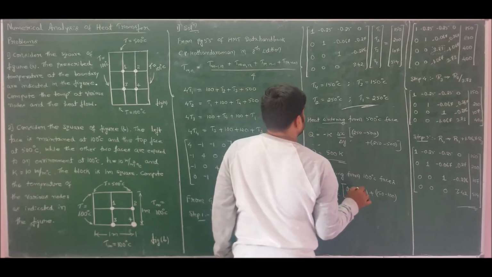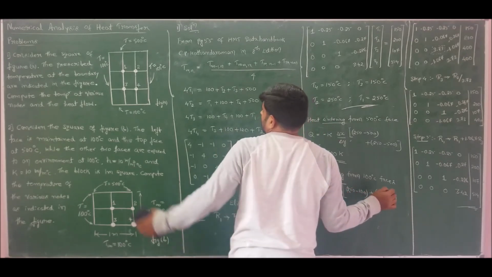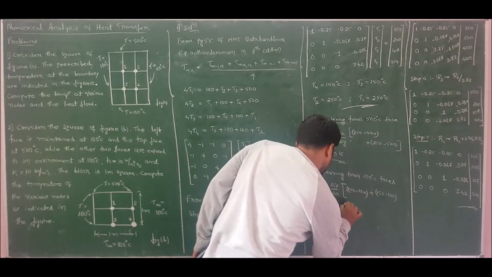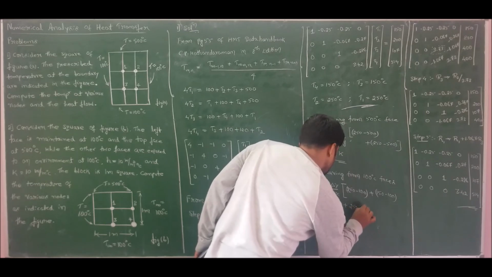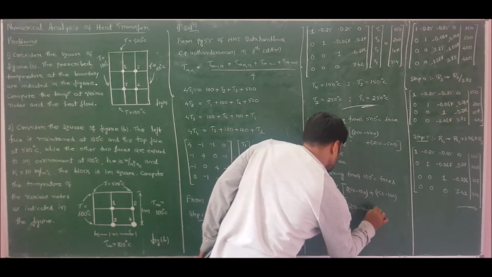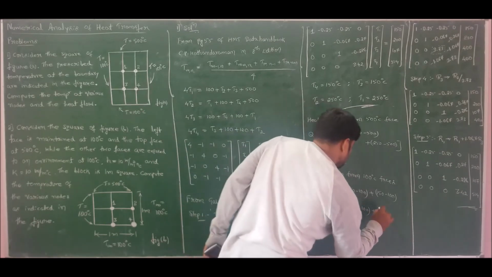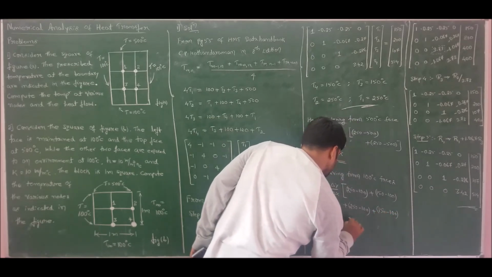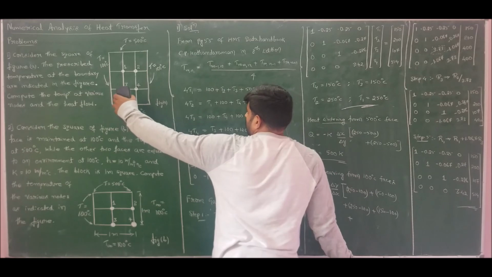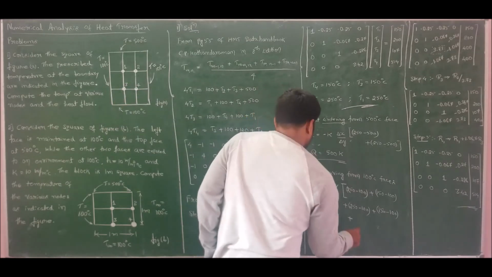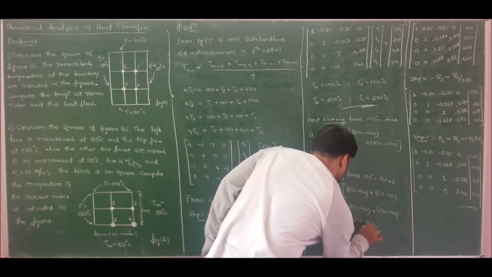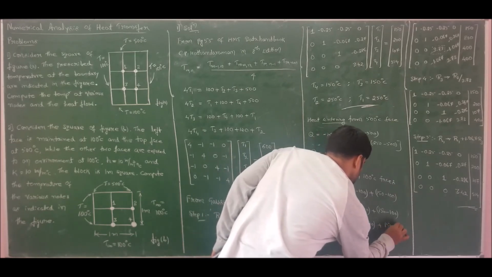250 minus 100. T3 is 150 minus 100. Next, from this face, T2 minus 100, T2 is 250 minus 100, plus T4 minus 100. T4 minus 100, plus from the bottom face it is T3 minus 100, that is 150 minus 100 and 150 minus 100.